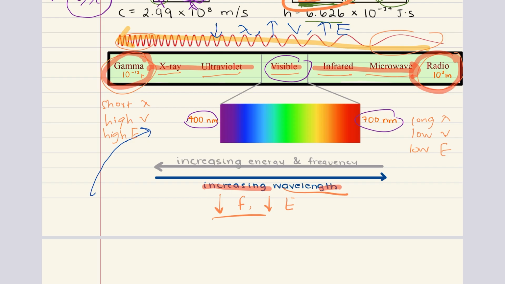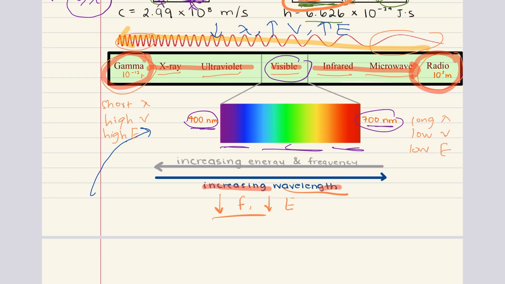And within this range, wavelength determines the color of the light we perceive. For example, shorter wavelengths around 400 nanometers correspond to violet and blue light, while longer wavelengths around 700 nanometers correspond to orange and red light. Then colors like green and yellow fall in between.